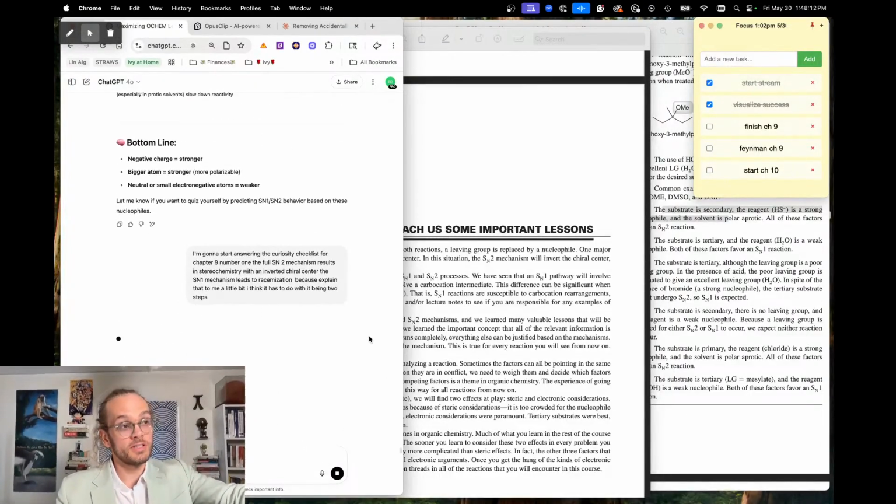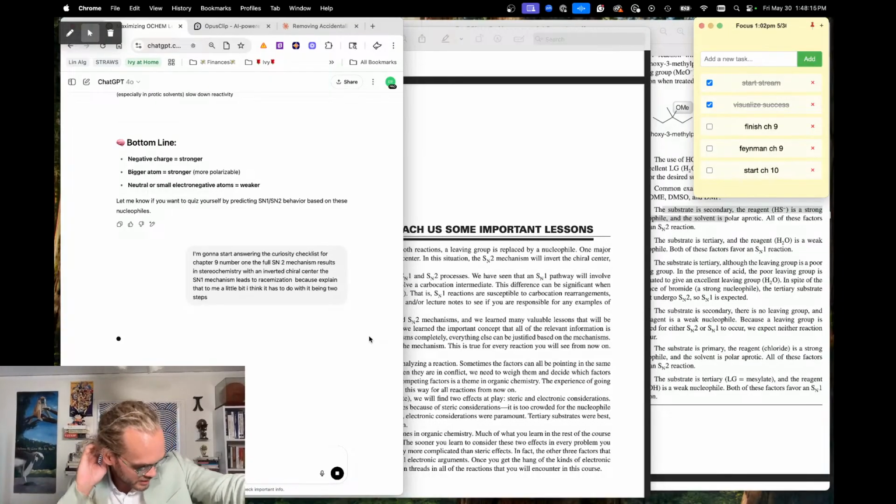So that's one of the few things this unit that doesn't really make sense, is how we get the racemization. How do you pronounce that word?